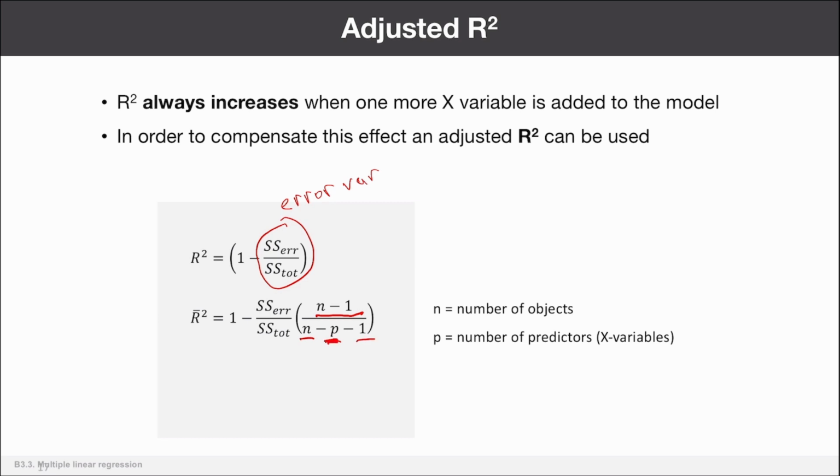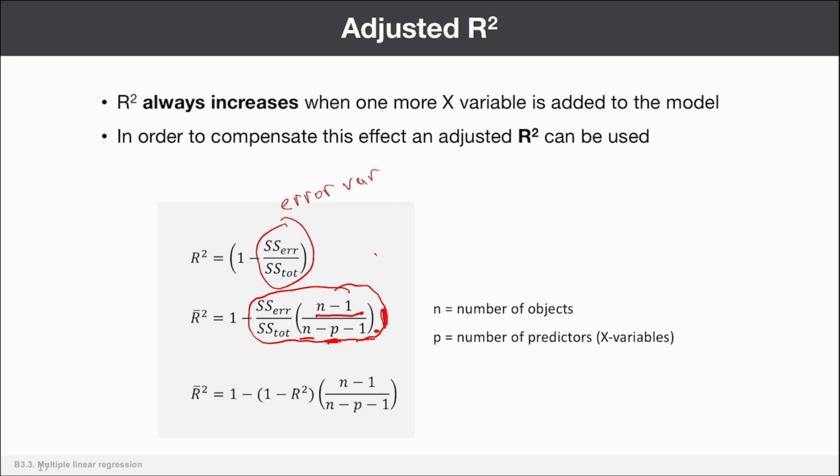And then if you have more variables, this value will be smaller, and it means the ratio will be larger, and it means this additional penalty will increase the error variance and decrease the explained variance, which is R squared, right?